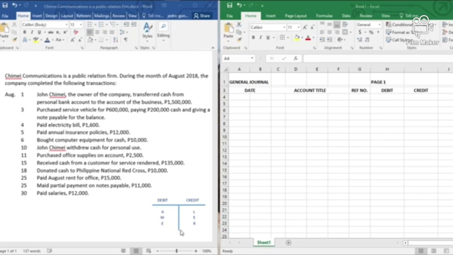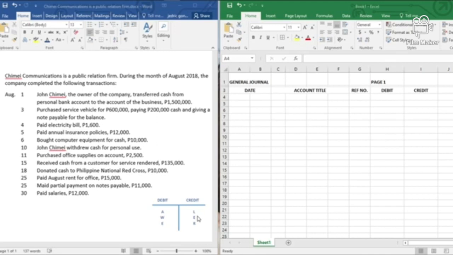Also, nilagay ko rin dito yung debit and credit, and then the AWELer. AWE stands for assets, withdrawals, and expenses. So, kapag nagdadagdag dito sa debit side, and then pag nagdadagdag naman ng liabilities, equities, and revenues sa credit side.